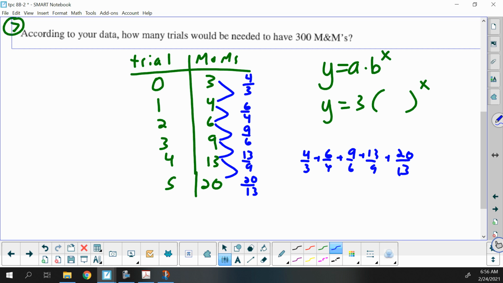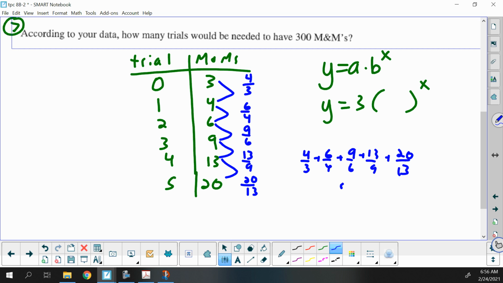Now, one of the things we need to be careful about when we're adding those up is that your answer initially is going to be a fraction. And we said we're going to round our b value to the nearest hundredth.